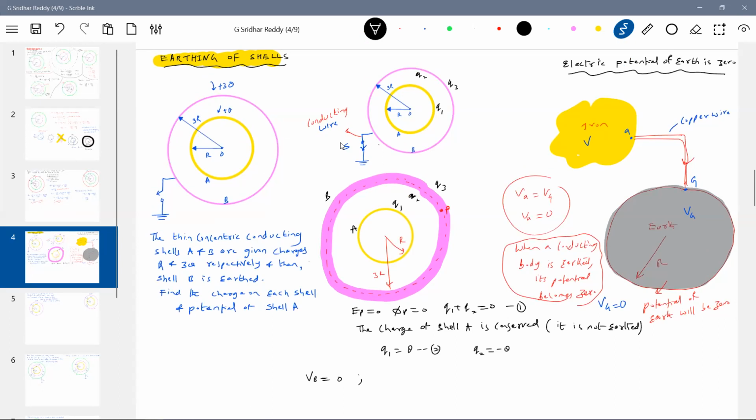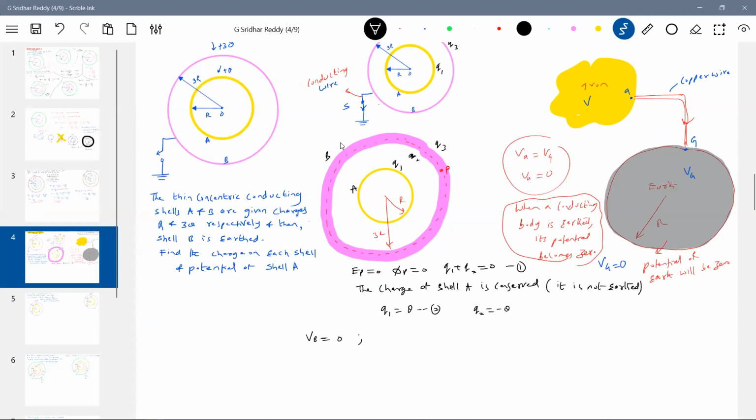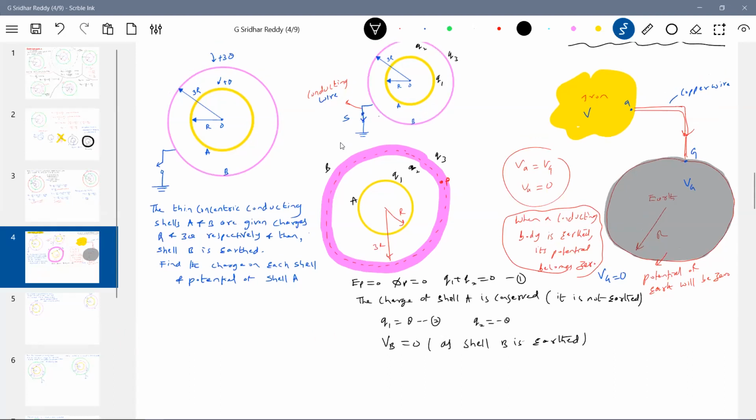Okay, let's write the equation. What is the potential of shell B? Again, the superposition principle: KQ1 by 3R, KQ2 by 3R, KQ3 by 3R.